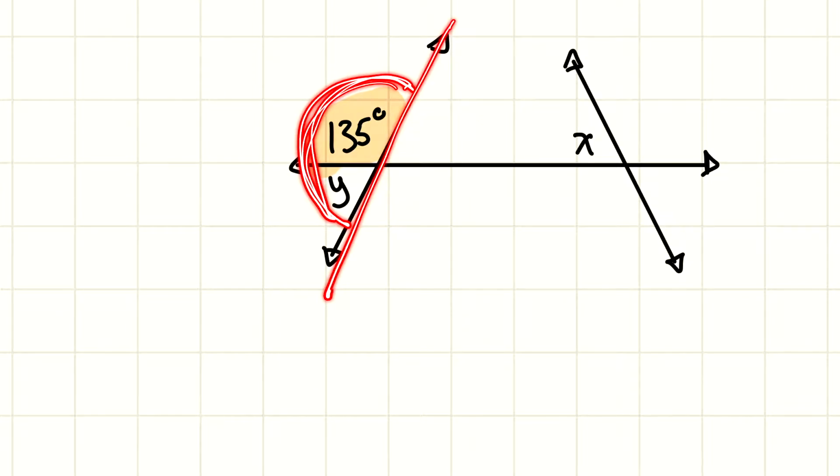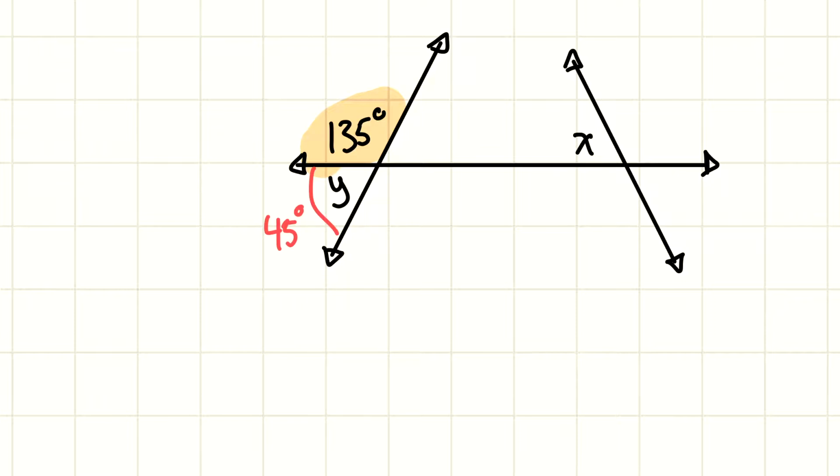We've seen this before. So if that's 135, then y must be 45 degrees. Because y plus 135 should equal 180 degrees. So that means y must be equal to 45.